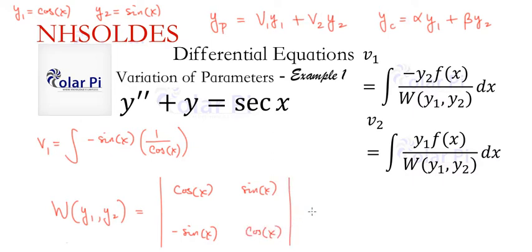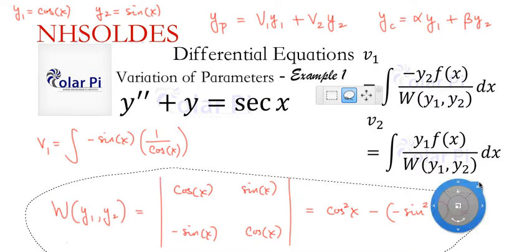The determinant of this matrix, which is our Wronskian, is cos x times cos x, that's cos squared x, minus negative sin x times sin x, and that's negative sine squared x. This clearly is equal to 1, because that's cos squared x plus sine squared x, which we know to be 1. So the Wronskian is 1, which is very convenient, because it simplifies a lot of our work.